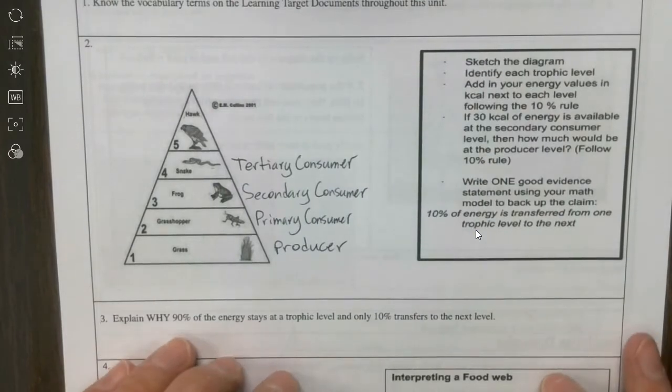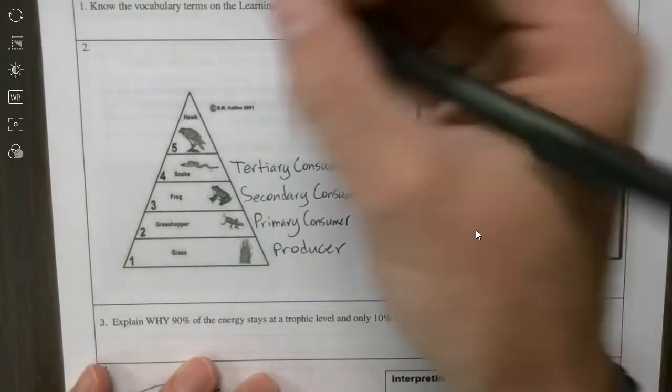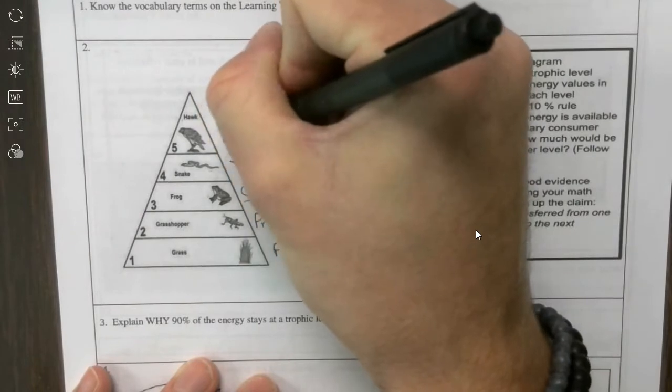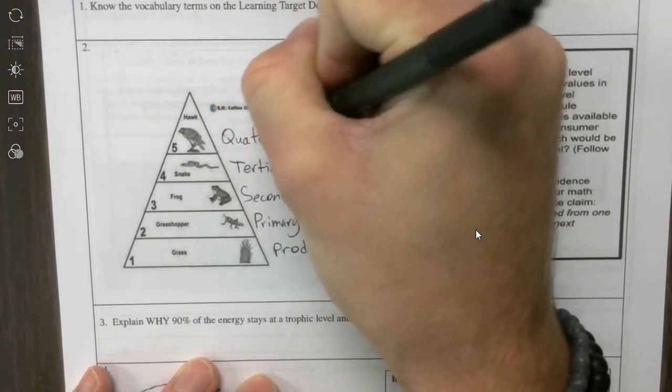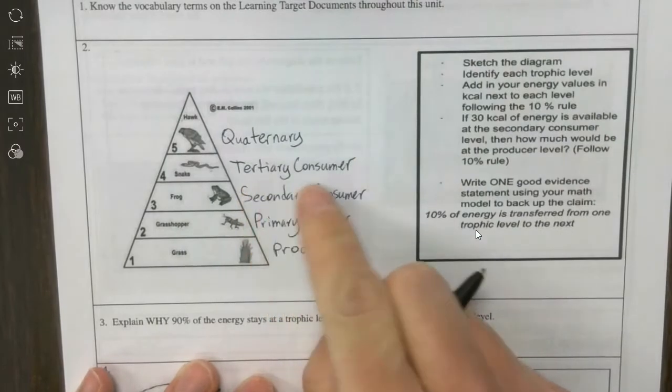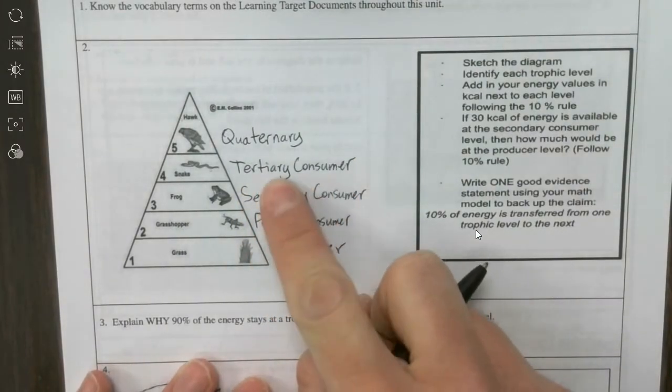One that I'm not going to be expecting you to know is technically called the quaternary consumer. We're only requiring that you understand up to tertiary.